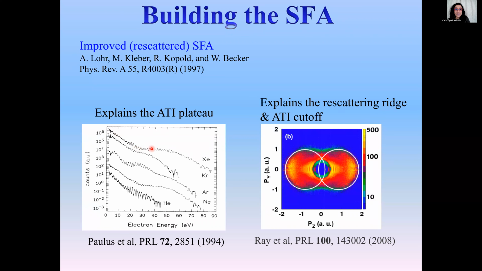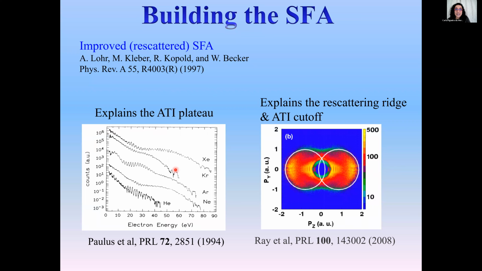And this is what we call the plateau. And in the 1990s, people just didn't believe it exists, and it's something that the strong field approximation explains. And the cutoff is the maximum energy this photoelectron would have upon return before recolliding with the core, or the energy that it would acquire after recolliding with the core and reaching the detector, in fact.